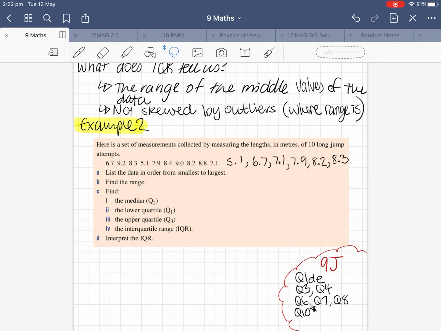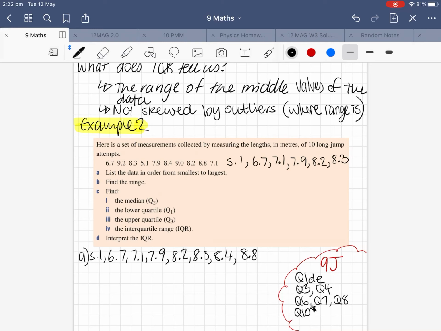That's all right. We'll just rewrite it down here. 5.1, 6.7, 7.1, 7.9, there we go. Finally ordered.